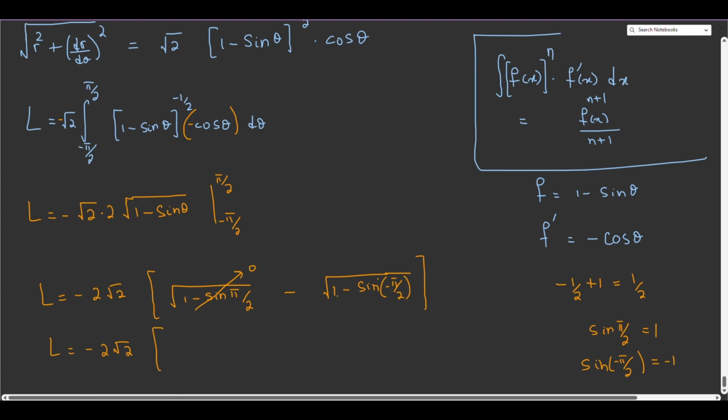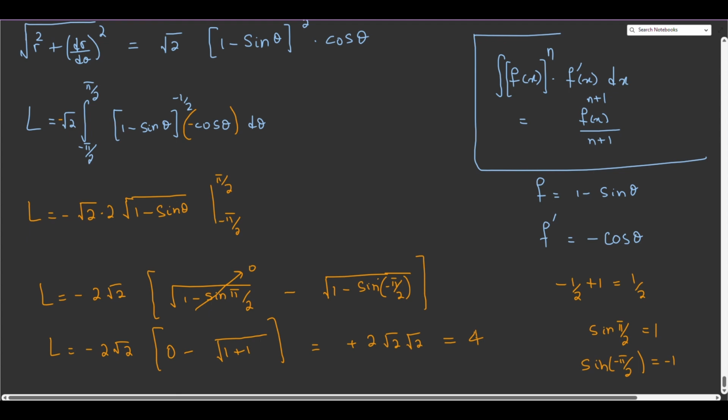So from the second thing, what we are going to get is 1 plus 1. The first thing is 0 and the second thing is this one, and outside we have the minus sign, so minus minus becomes plus 2, and then square root of 2 and one more square root of 2, and the final answer will be equal to 4.